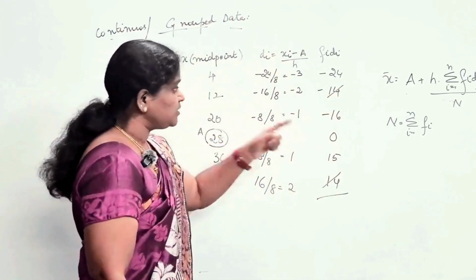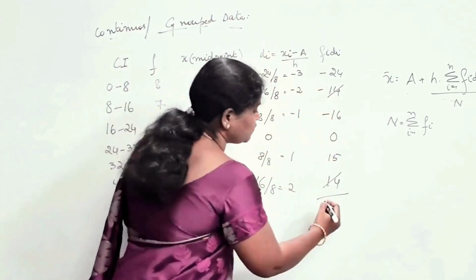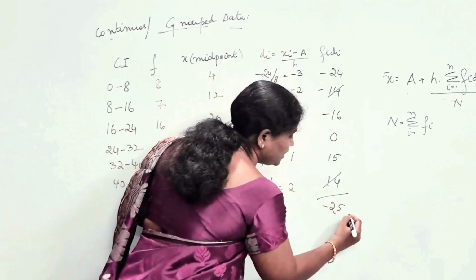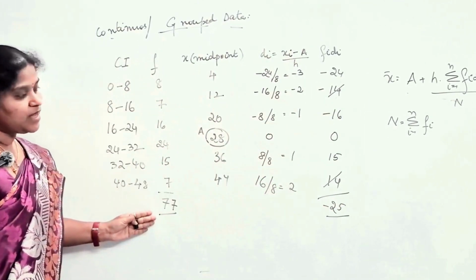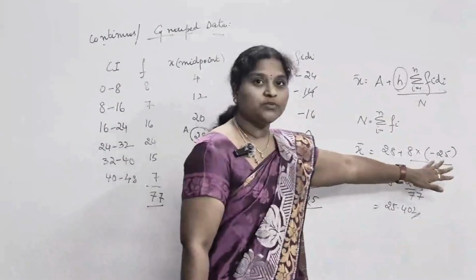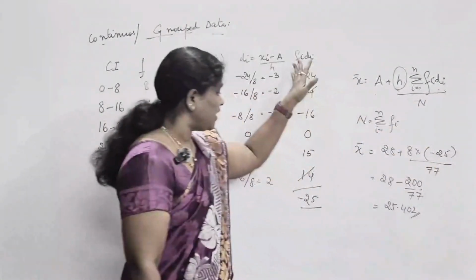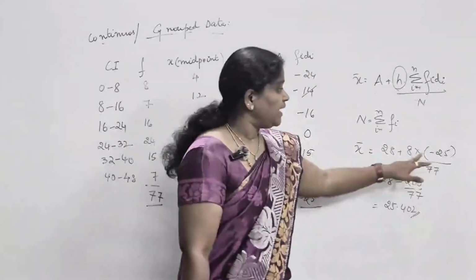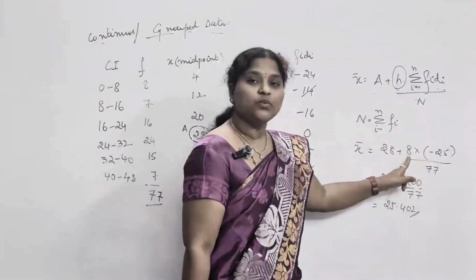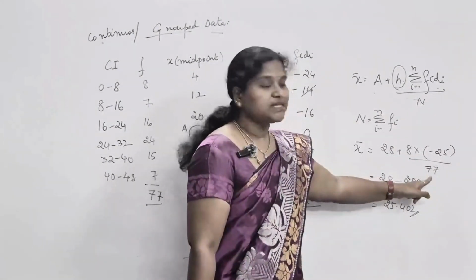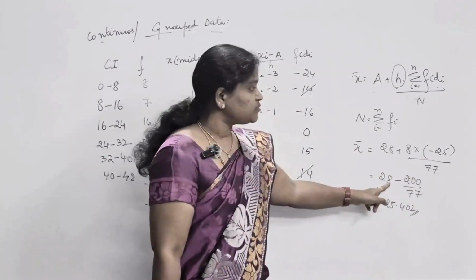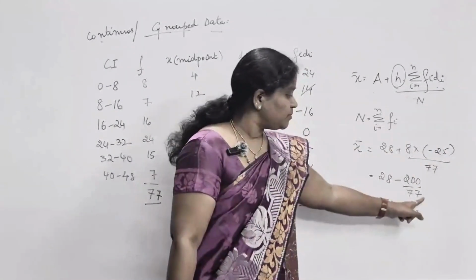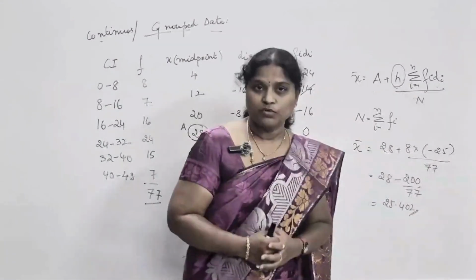We are left with minus 1 and minus 24, minus 25. As usual, our sigma fi, that is capital N value, is 77. Now, substituting the value of sigma fi di, I have minus 25, 8 is my h value, that is the width of class interval, and 77 is the value of capital N, that is sigma fi. So that will be 28 minus 200 divided by 77, which is 25.402.